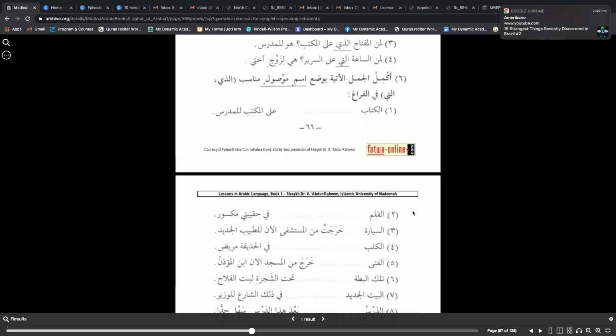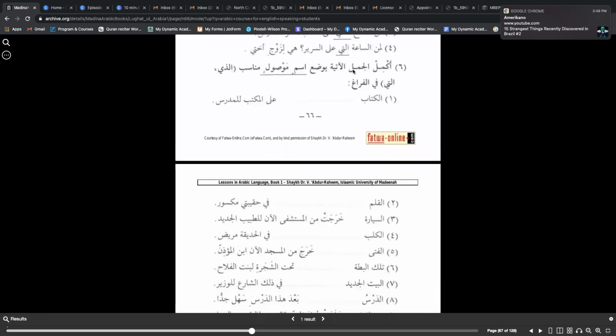Okay, bring this up. So complete, akmal here can mean perfect or complete. This is the fi'l amr, a command form, that means complete. Like what Allah said, akmaltu lakum dinakum, I completed your deen for you. So akmal is complete. Al-jumal al-atiyah, so complete the following sentences by placing the suitable ism mawsul.